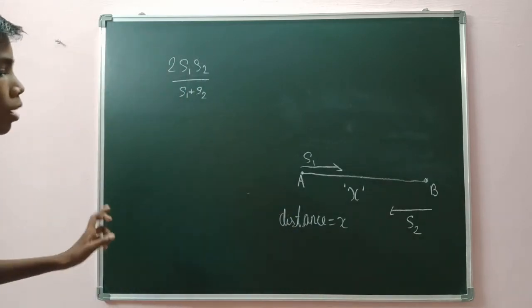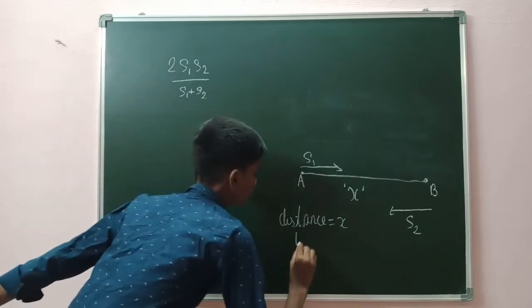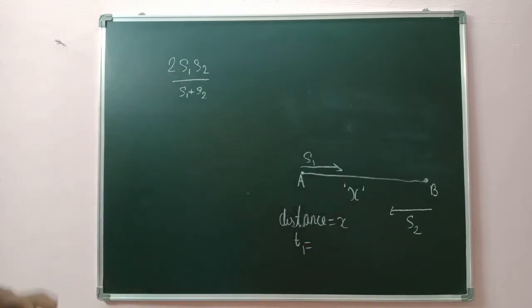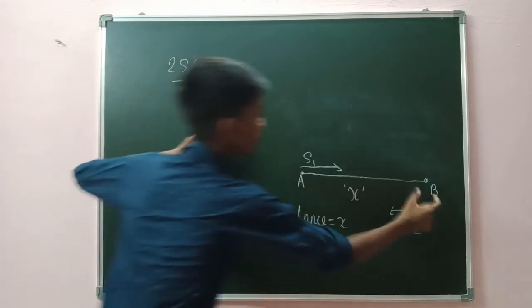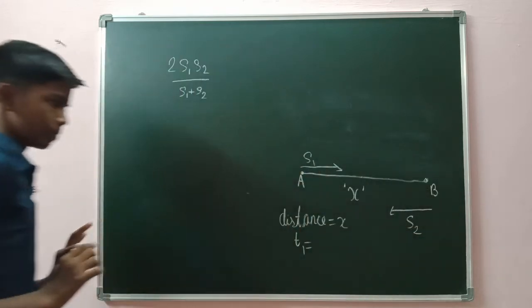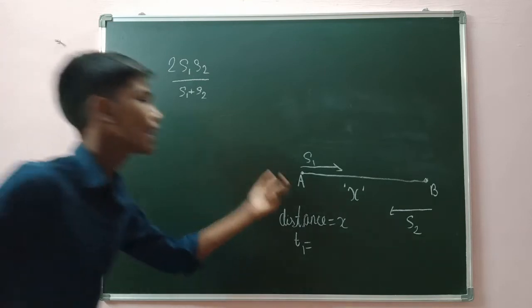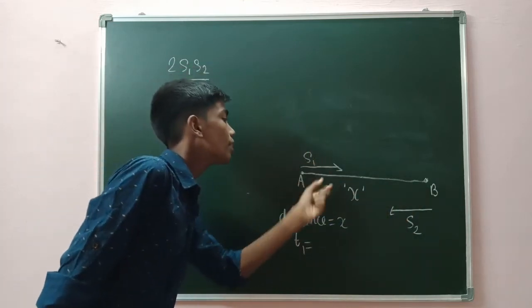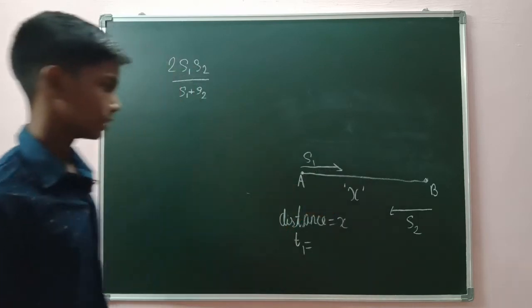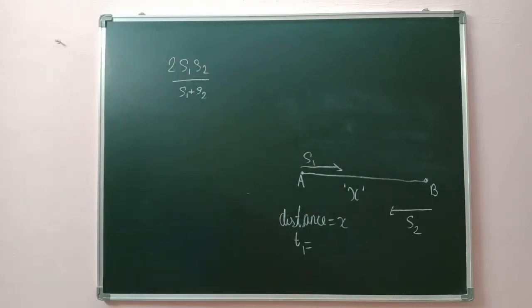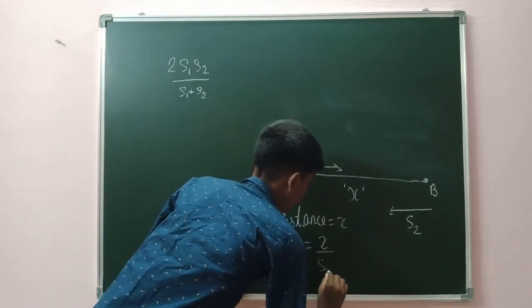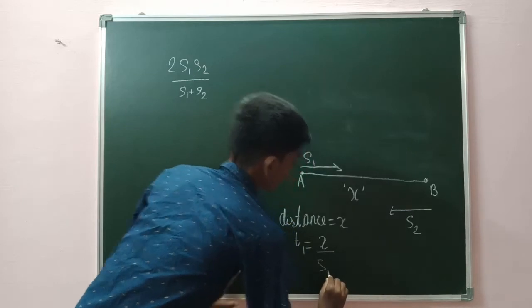Now tell me, what will be T1? T1 is nothing but the time taken to reach B from A with speed S1, covering this distance x. So that will be nothing but x by S1.